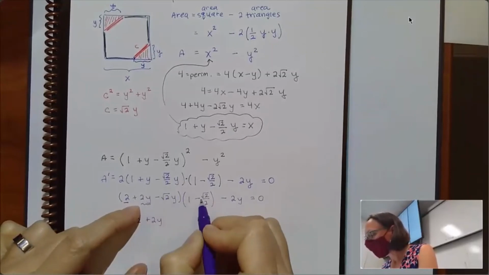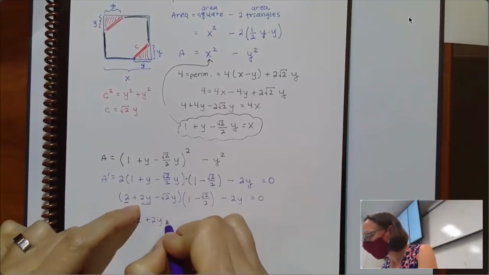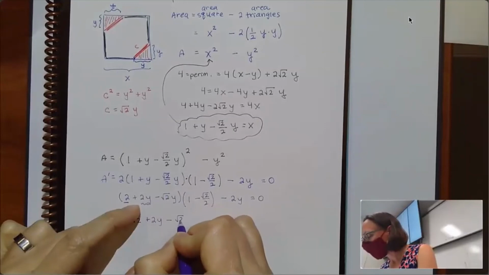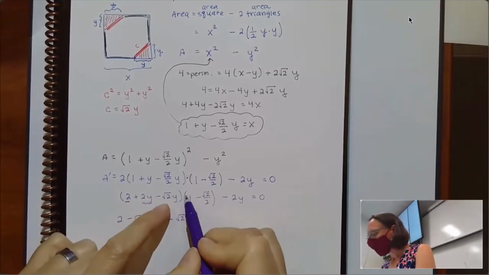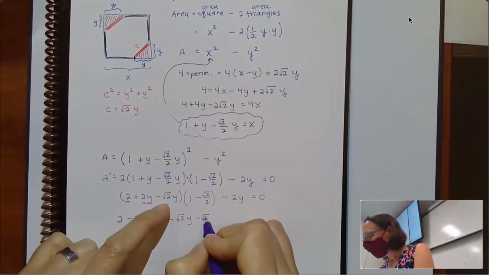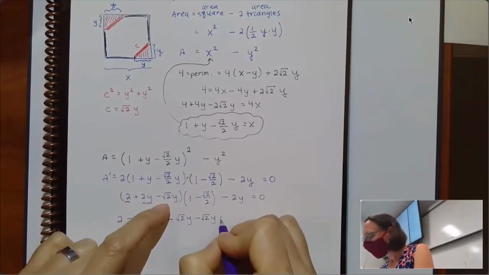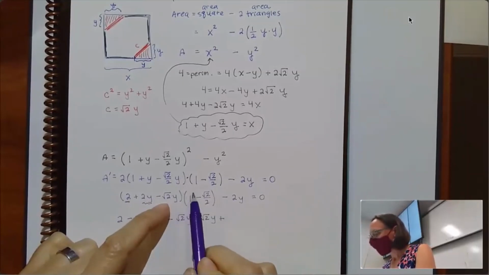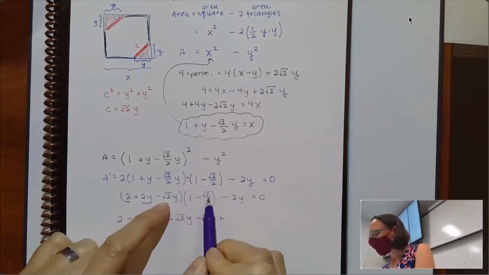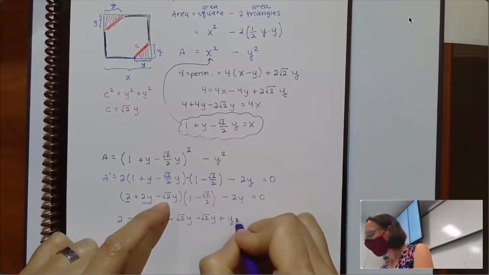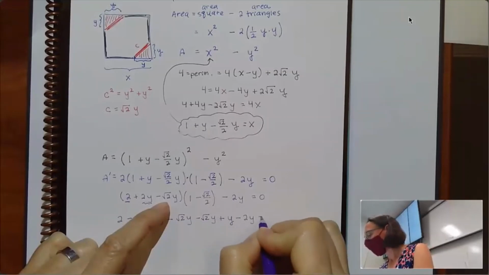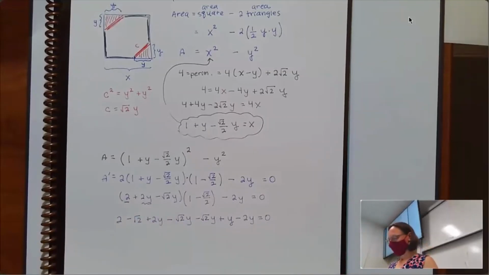And 2y times negative root 2 over 2 is going to give me a negative root 2y. Then I'll have a negative root 2y and a positive square root of 2 times square root of 2 is 2 over 2. So I think that's just plus a y, and then minus a 2y is equal to 0.